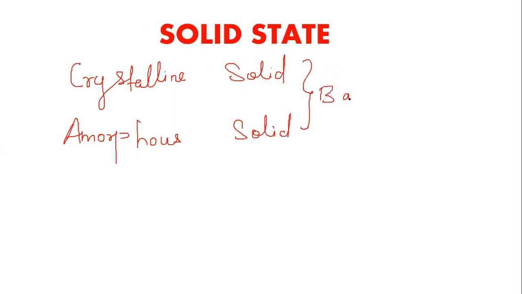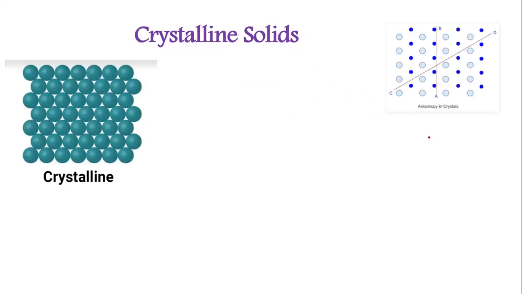This classification is based on the arrangement of atoms. Now let's see how the atoms of the solids are arranged. So let's start with crystalline solids.